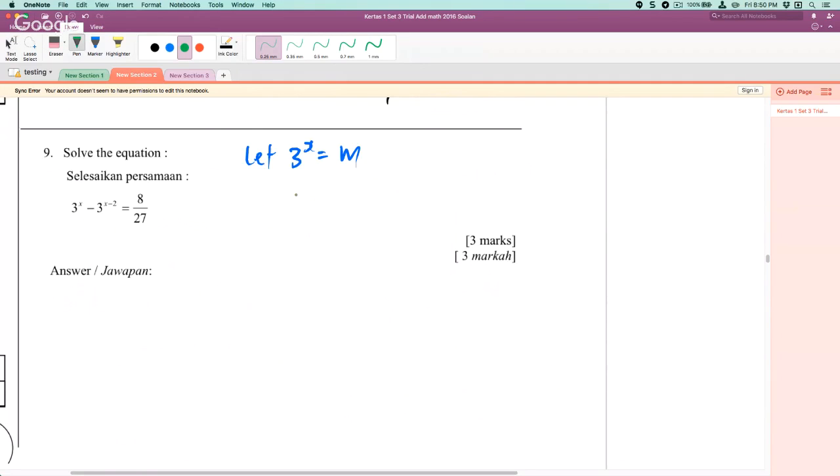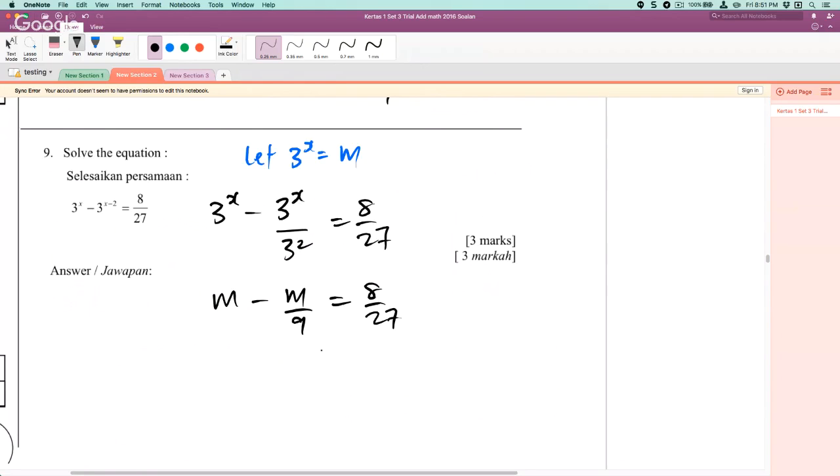Since I let 3 power of x equals m, let me simplify this one first. Minus 2 means divide by 3 power of 2, equals 8 over 27. Then I substitute in here: this is m, and then m over 9 equals 8 over 27. Then I make them have the same denominator. So this is over 1, right?